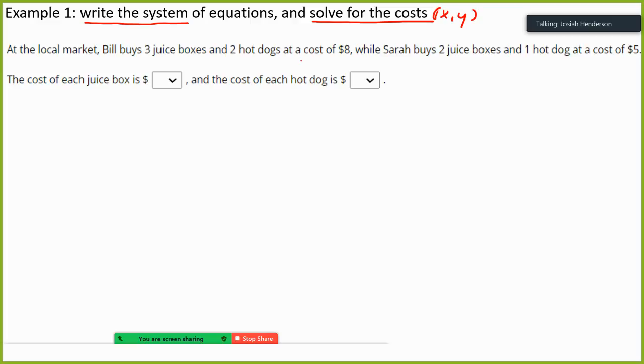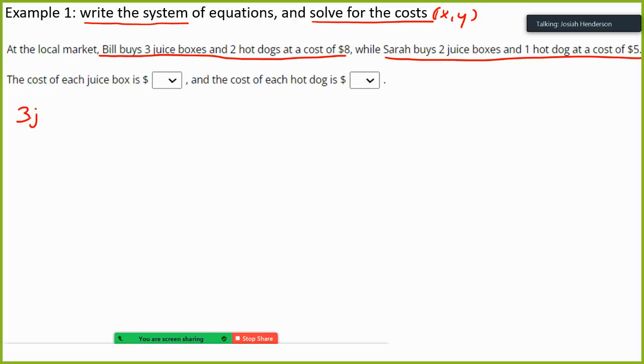Now, to start our system, we're going to group Bill's information and Sarah's information to write our two equations. 3 juice boxes. I'm going to not use X and Y. I'm going to use J for juice and H for hot dog.